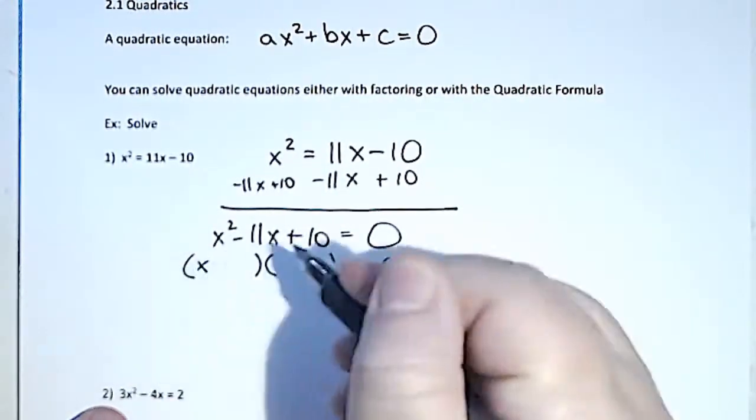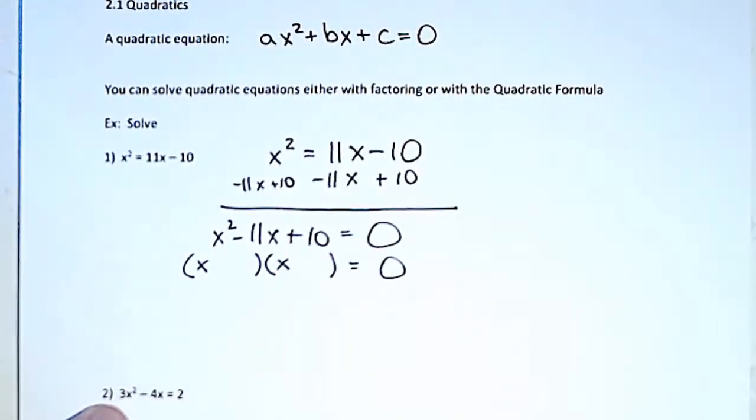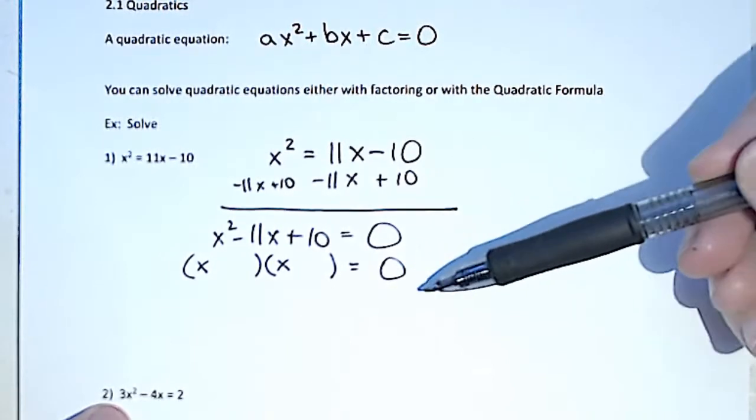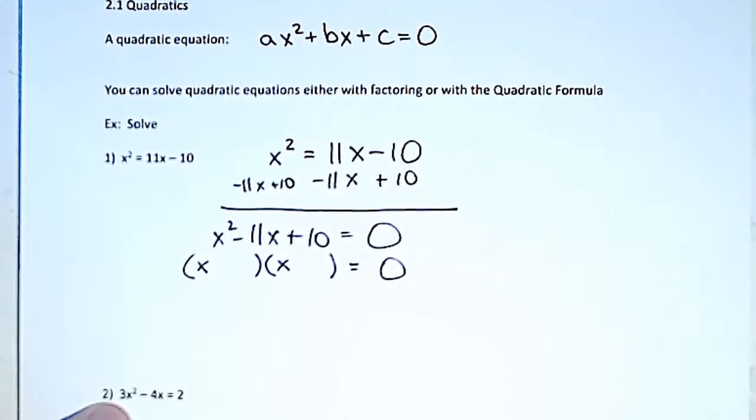And hopefully this kind of jogs your memory. Again, I am not going to review how to do the factoring. So if you are not remembering how to factor, like this is your first time ever, talk to me. We'll find some resources for you. This is assuming you have already been through some algebra, so you do know how to factor this.